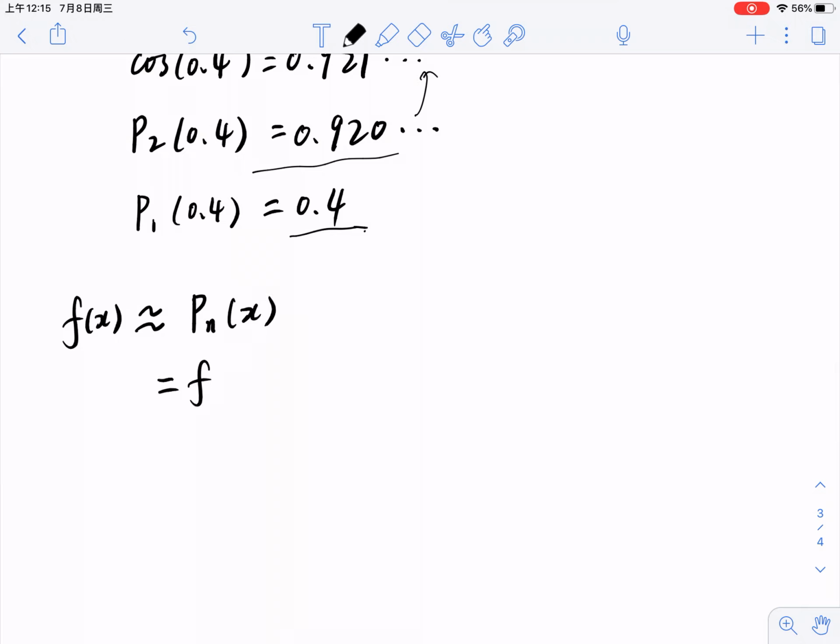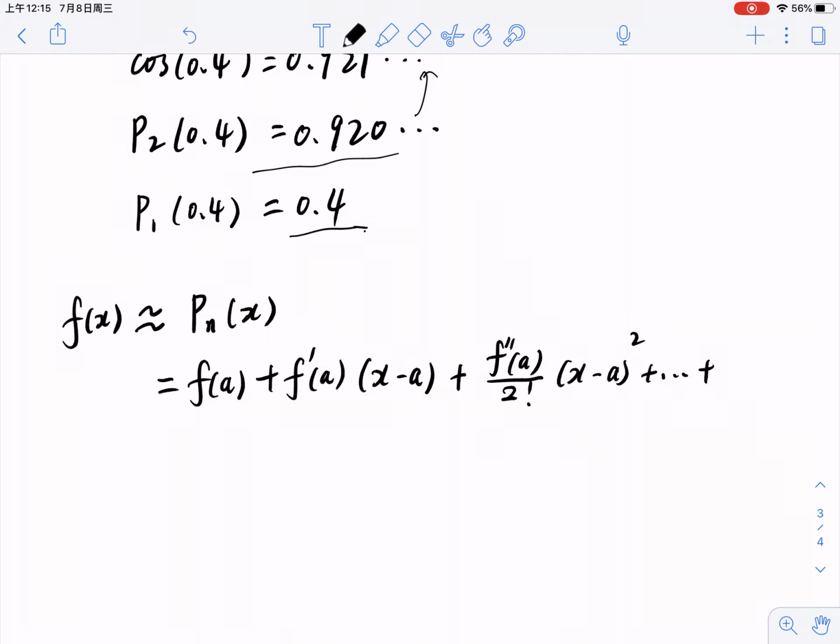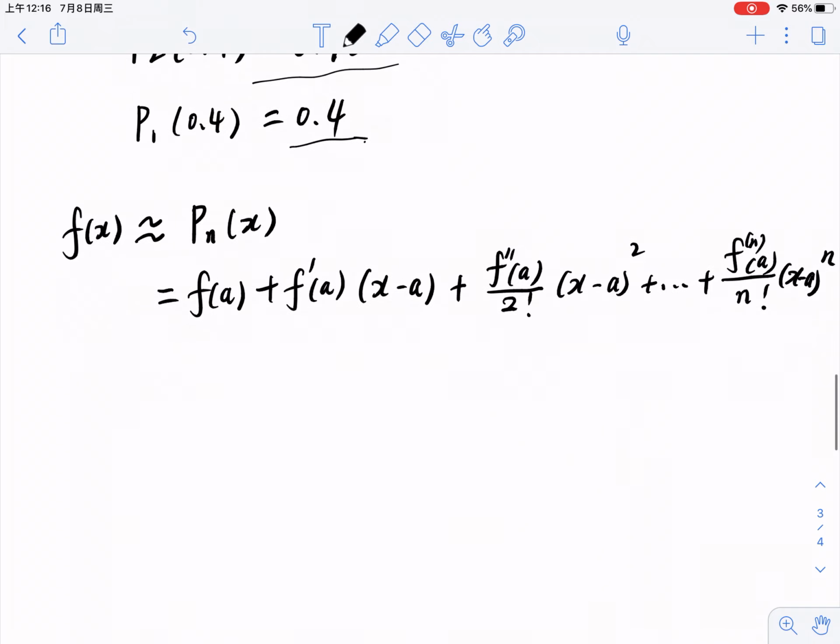So this is f(a) plus f'(a) times (x minus a) plus the second derivative at a divided by 2 factorial times (x minus a) squared, and so on, plus the nth derivative at a divided by n factorial times (x minus a) to the power n.